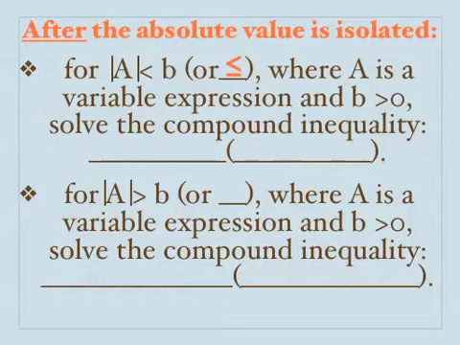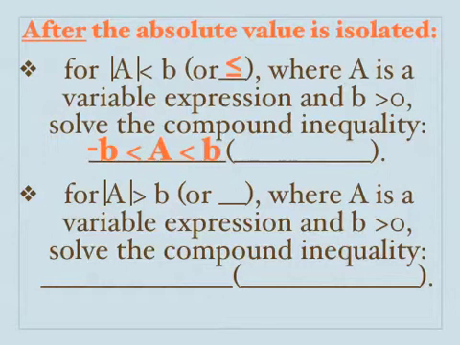And B has to be greater than 0. So B, again, cannot be negative. It has to be a positive number. Solve the compound inequality. You're going to say that negative B is less than A is less than B.